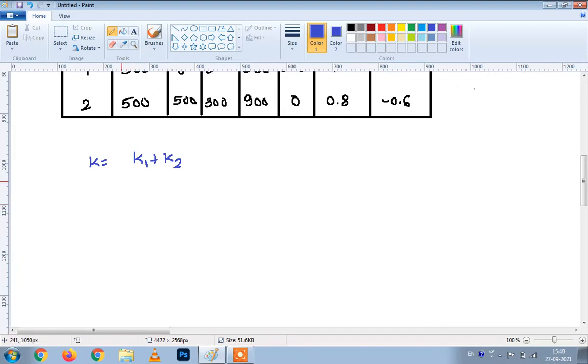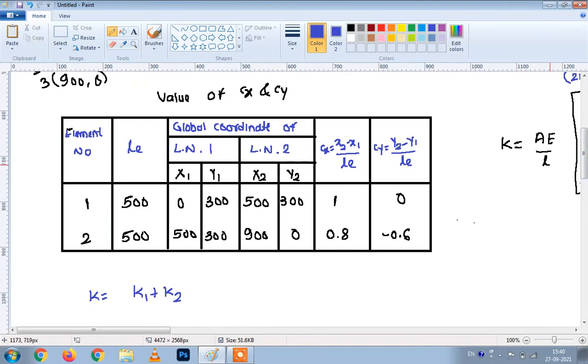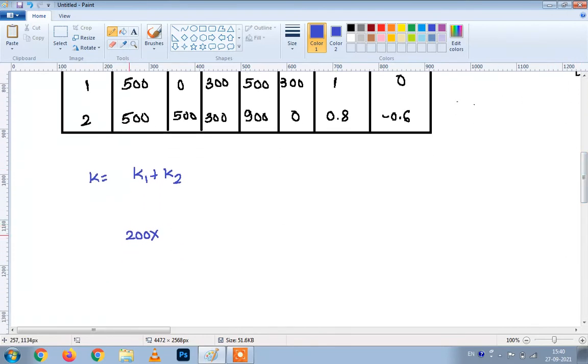It is given in the numerical that area is 200, AE by L. The value of E is given as 70 into 10 raised to 3, upon L, which is 500.